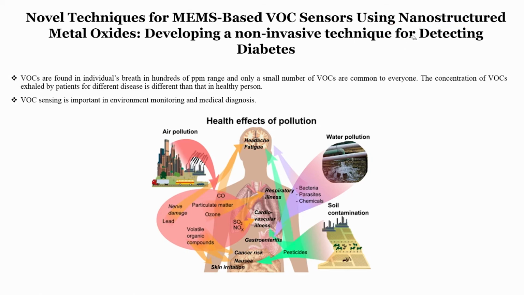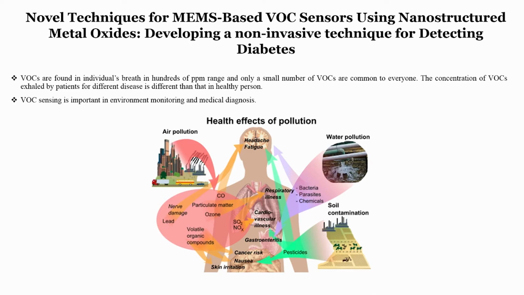Like I said, the VOCs are found in individual breath in hundreds of parts per million range, and only a small number of VOCs are common to everyone. The concentration of VOCs exhaled by a patient for different diseases is different than in a healthy person.